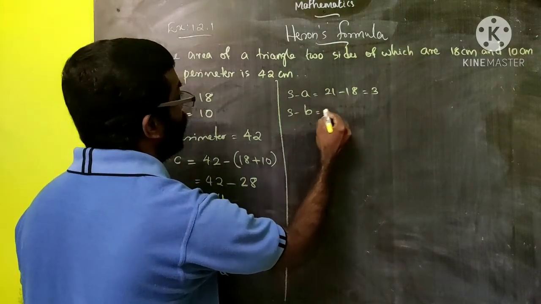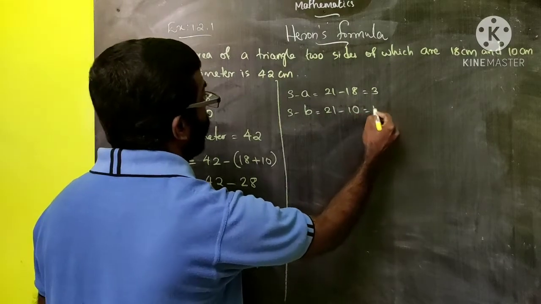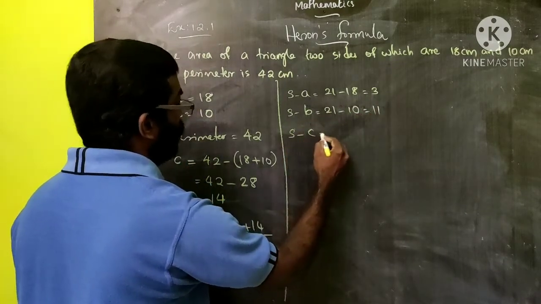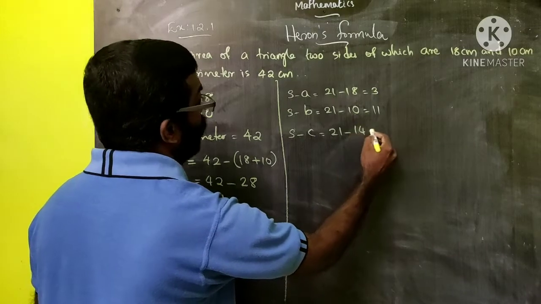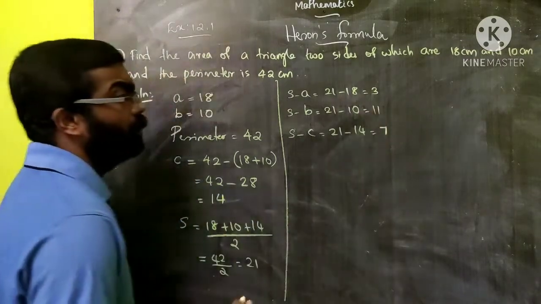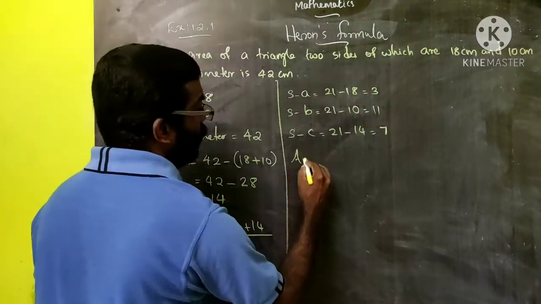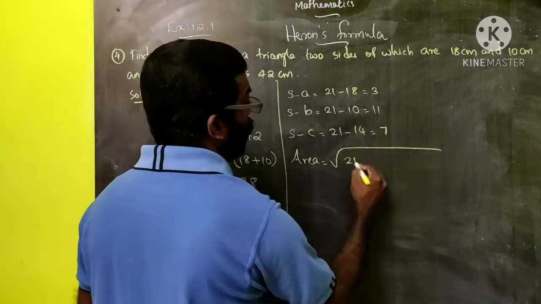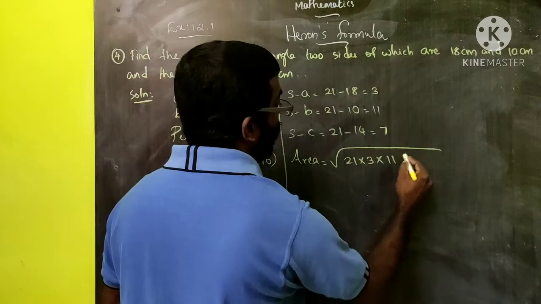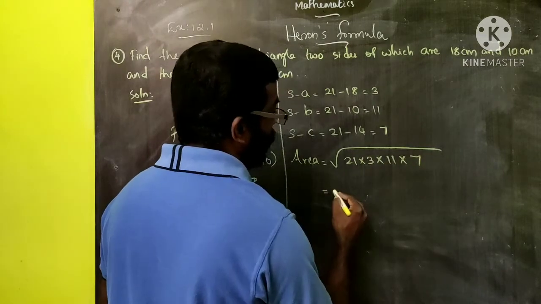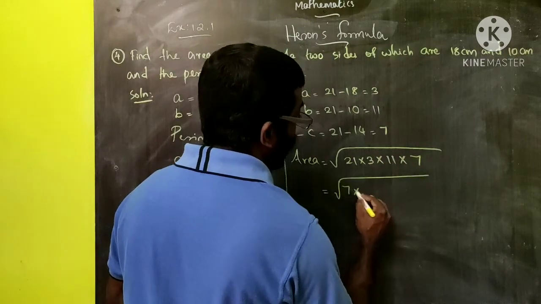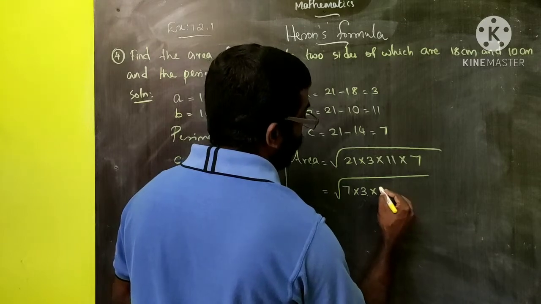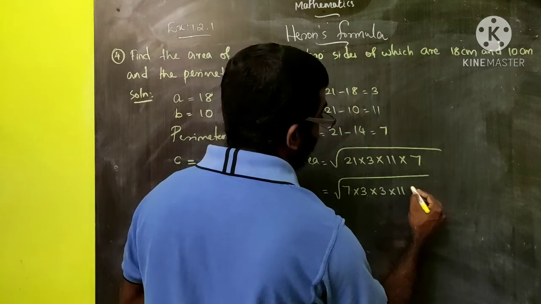S minus B is equal to 21 minus 10, 11. And S minus C is equal to 21 minus 14, which is equal to 7. Now area is equal to root of S into, that is 21 into 3 into 11 into 7. 21 can be written as 7 into 3 into 3 into 11 into 7.